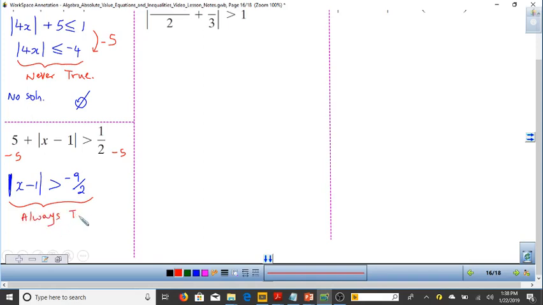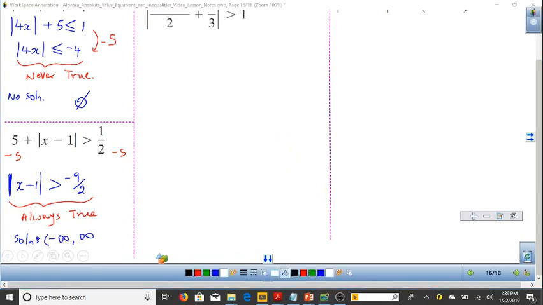And because the statement is always true, whatever value of x I use, it will still give me a solution. So my solution is all real numbers, from negative infinity to positive infinity. I don't have the space to draw the number line here. Let me see if I can draw it.